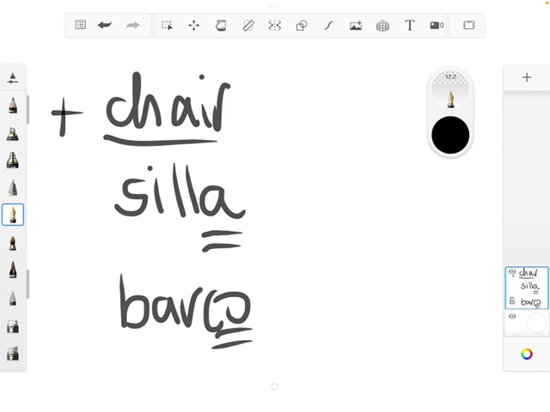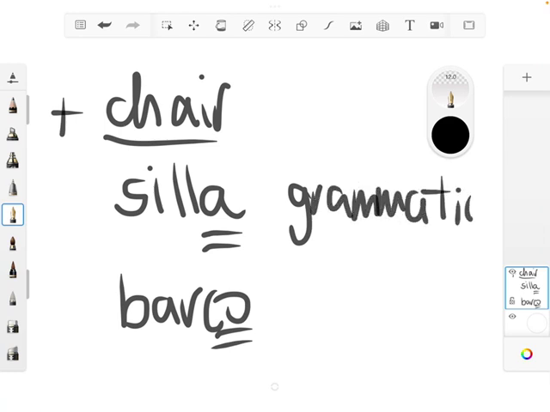So by grammatical gender, what I mean is that clearly, we know that a chair and a boat don't inherently have a gender. Like in English, actually, we do have the concept of certain things being masculine or feminine.